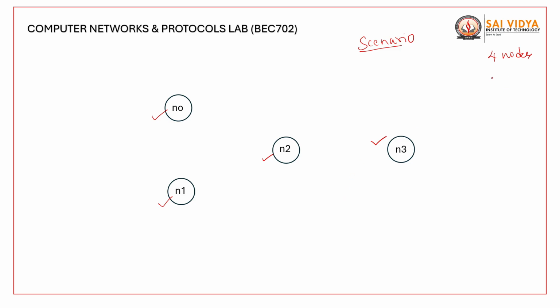After node declaration, you have to generate links between the nodes. So this will be the first duplex link, this will be the second duplex link, and this will be the third duplex link. That means communication is happening both sides. So if there are 4 nodes, 3 links will be there.